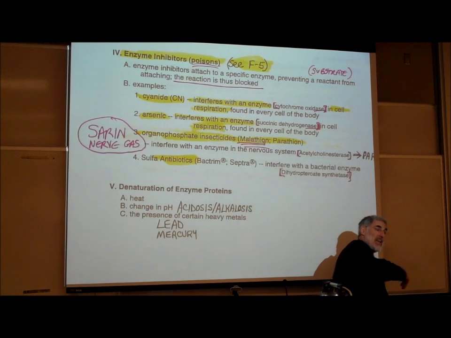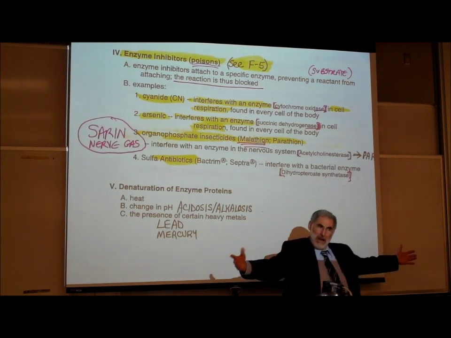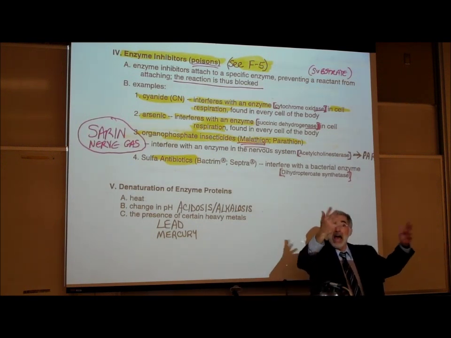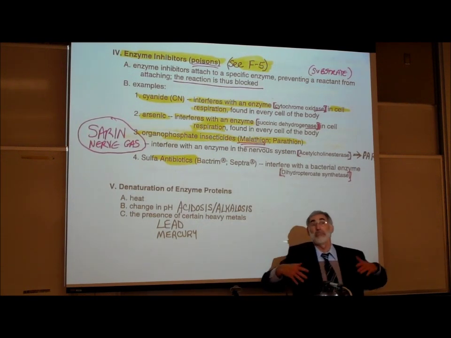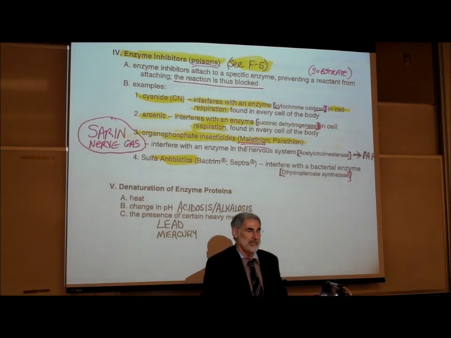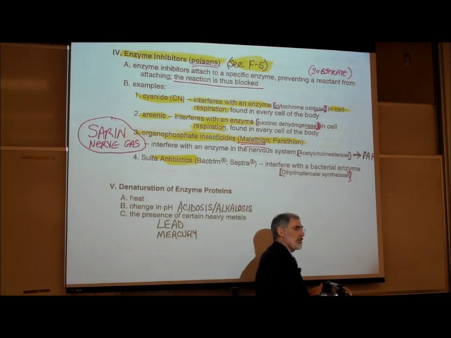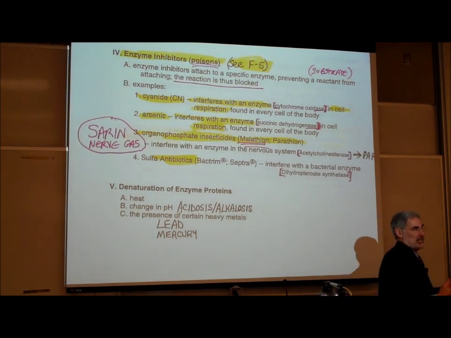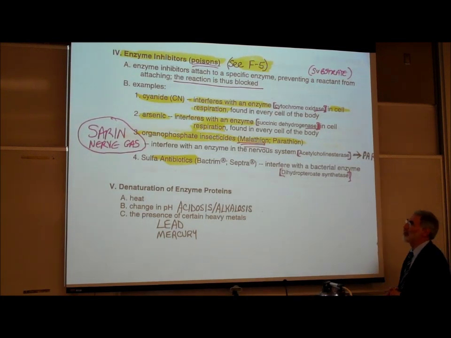So if you spray malathion on an aphid, these little bugs, that'll kill them. It probably won't kill us. We're a lot bigger. It's going to take either a lot of malathion or something more powerful than malathion. Well, Sarin Nerve Gas was originally developed to kill people, biological warfare.